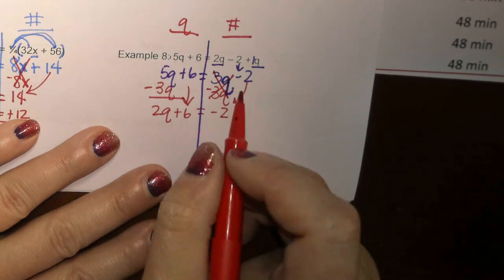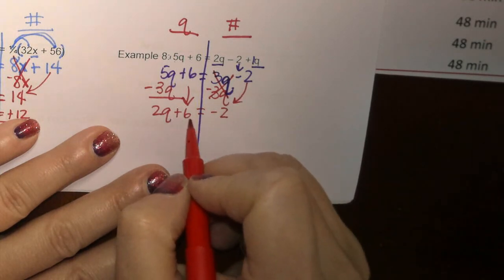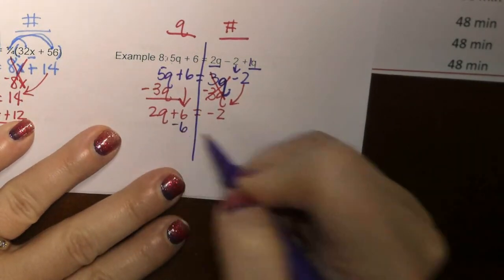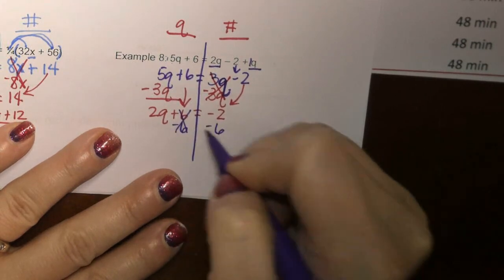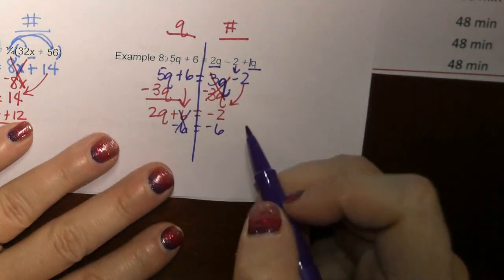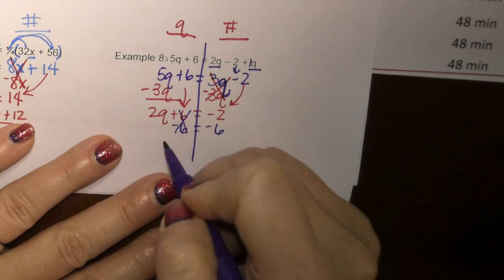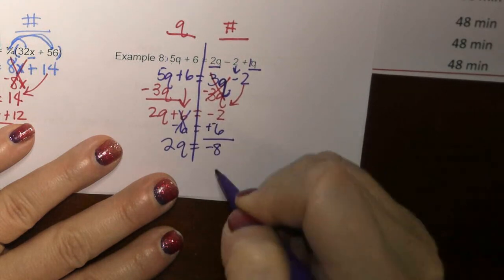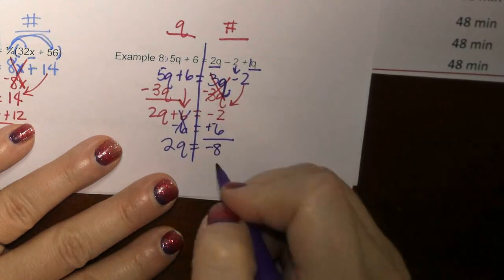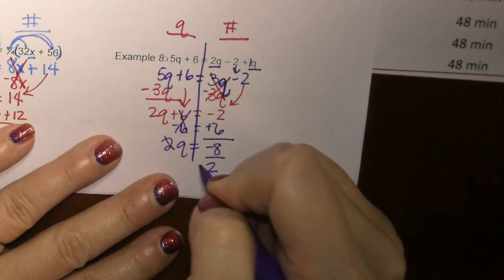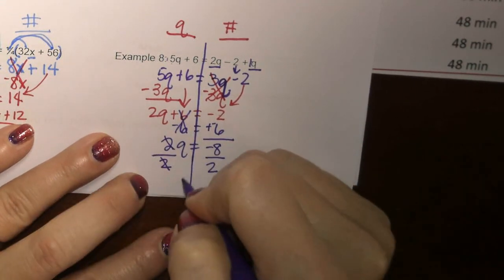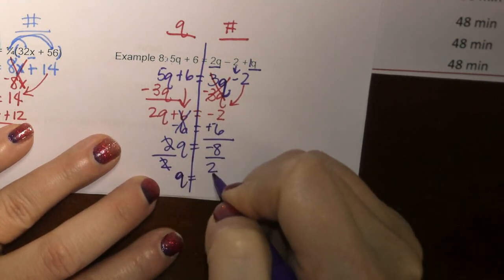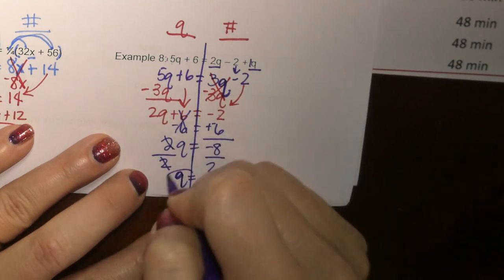So now we have 2q plus 6 equals negative 2. So now our only thing left to do is to get this 6 to the other side so that we can clear out the numbers from the variable side, the q side. So we're left with 2q equals, and then this is going to be a negative 8. And then we're going to divide by 2. And we are left with q equals negative 8 divided by 2, which is negative 4.